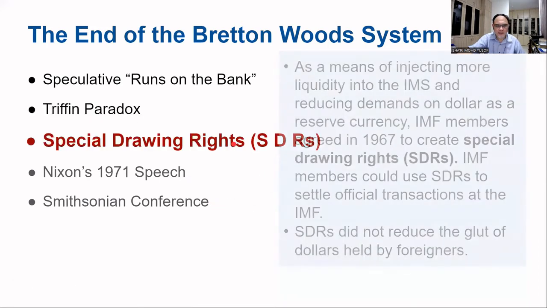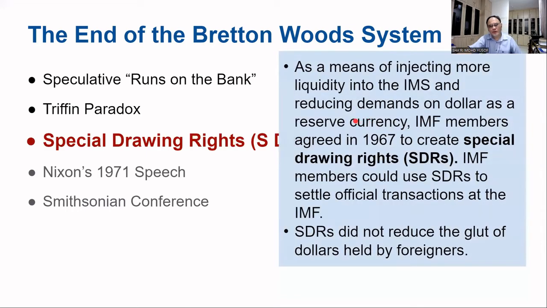To reduce some of these effects, the IMF started to produce special drawing rights, as a means of injecting more liquidity into the monetary system and reducing demands on the dollar as a reserve currency.